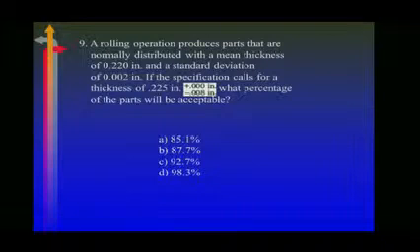So let's understand what we are talking about here. The process mean is 0.22, and sigma is the standard deviation of the process. This is coming from the shop floor.